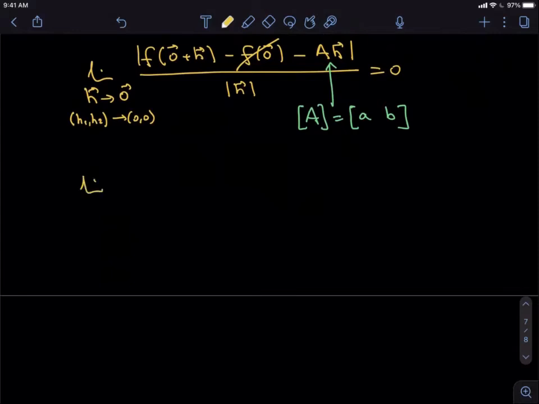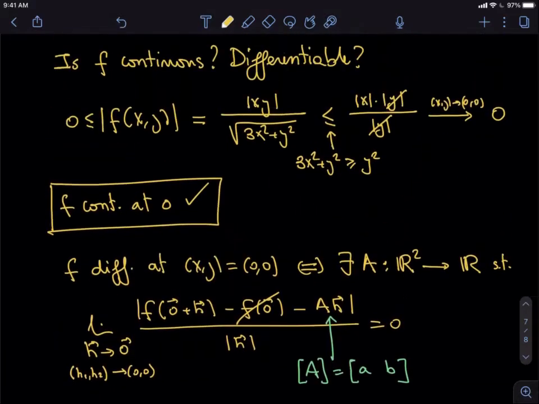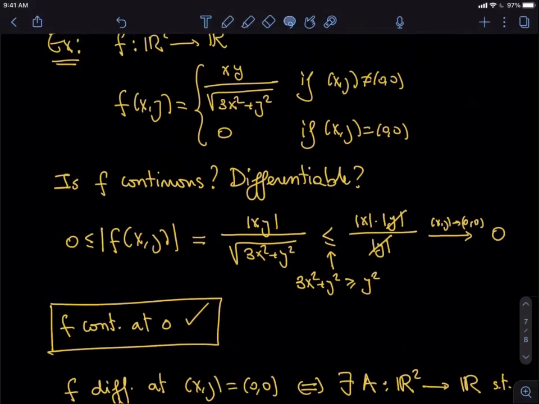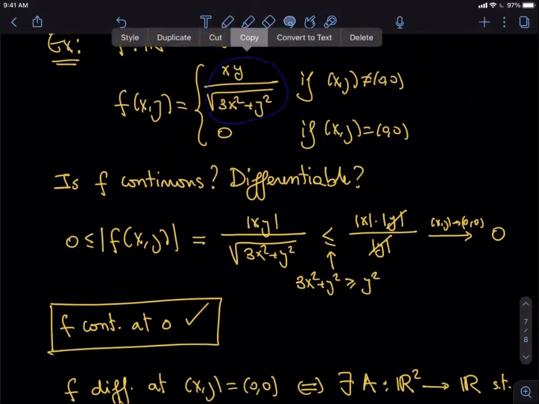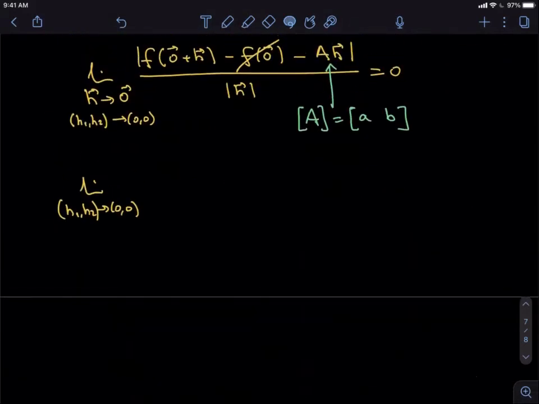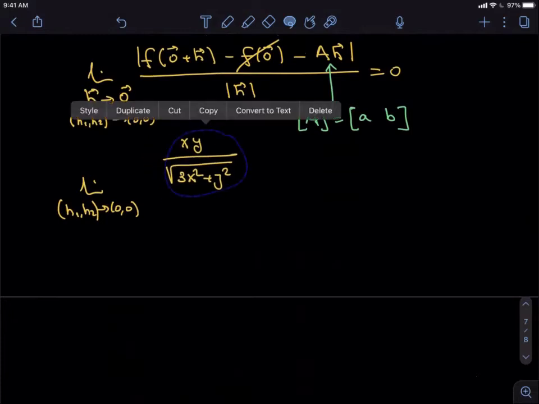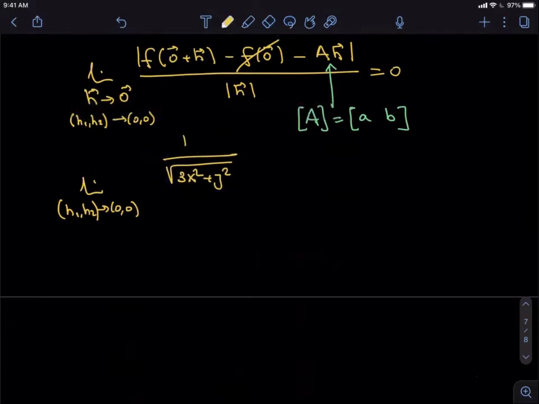So let me rewrite the whole thing. As (h1, h2) tends to (0, 0), here we have f of h, but of course I need to write it with h1 and h2: h1 squared, h2 squared, minus 0, minus a h1 minus b h2.